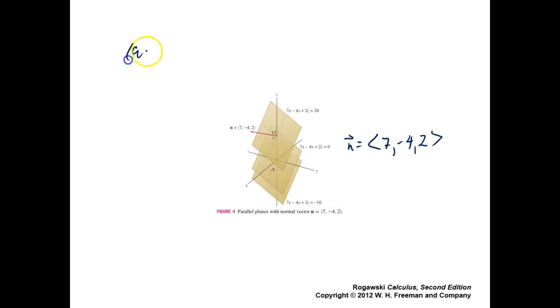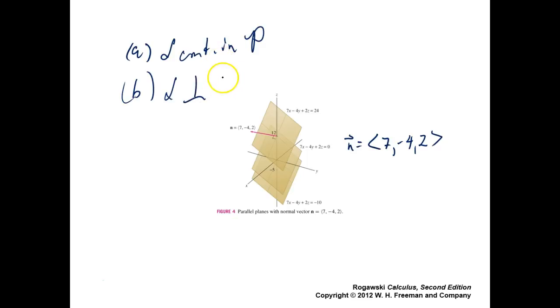First, A: L is contained in P. B: L is perpendicular, orthogonal to P.